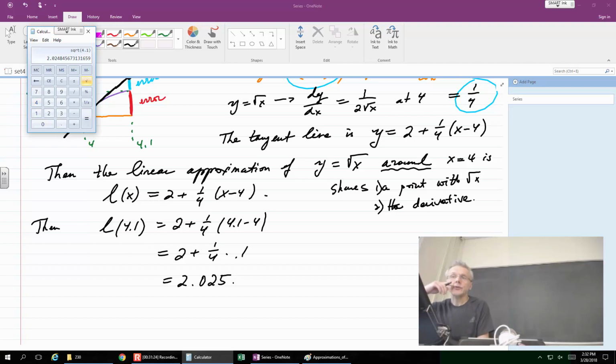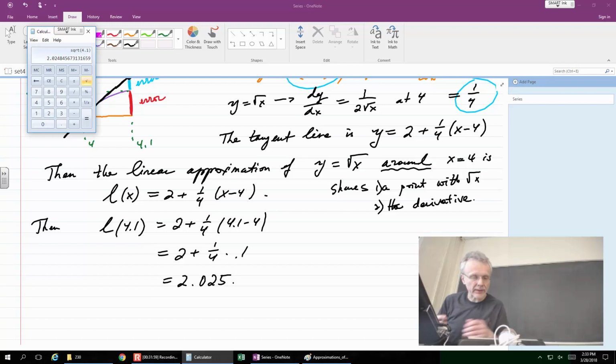Okay, so according to the calculator, it is 2.0248 instead of 2.025. So it's really very close, as you can see. Our first approximation was 2, and the error wasn't really that large. It was 2.5%, the original approximation. But this one, the error is even smaller. It is some small parts of 1%. So it ended up quite accurate.